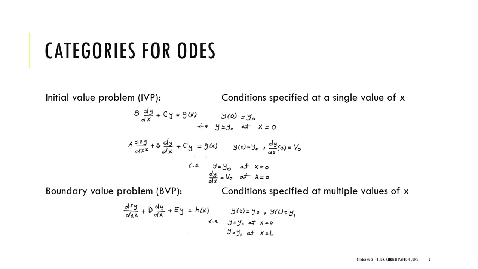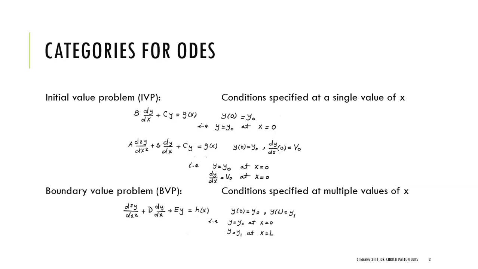We can categorize these things in a lot of different ways, but the one that we need to do right now is the comparison of an initial value problem or a boundary value problem. An initial value problem is one where all of the conditions are specified at a single value of x.